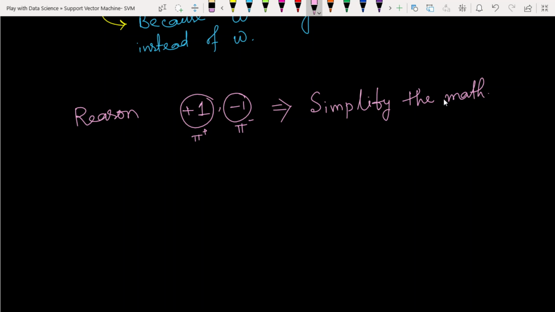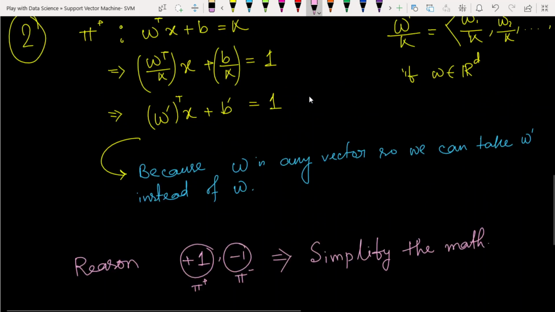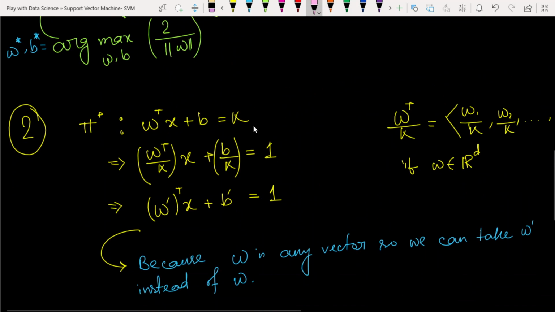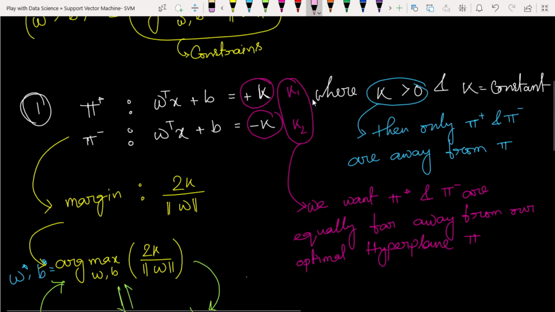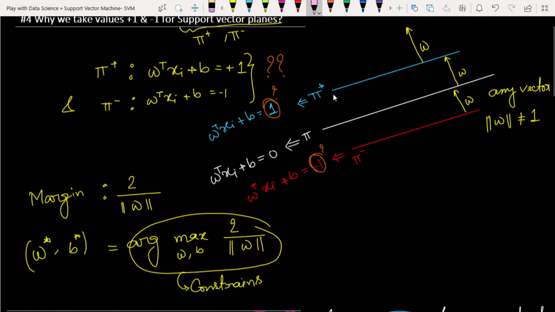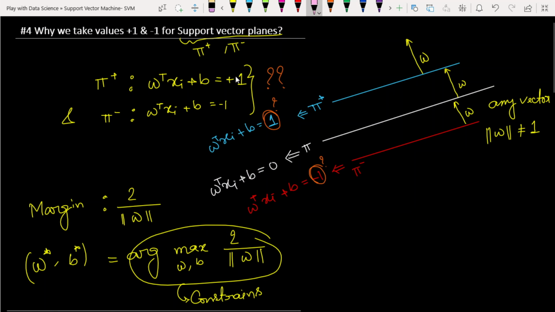If you are interested in taking plus k and minus k, it is not the main issue; you can easily take it if you want. For simplicity of our math, we are simply taking plus 1 and minus 1. I think this concept is clear. If you have any doubt, please comment below.